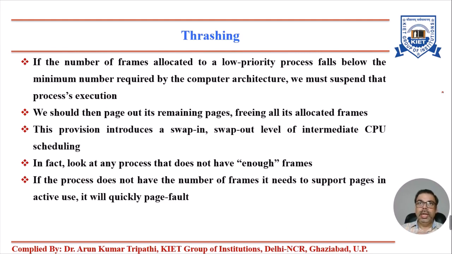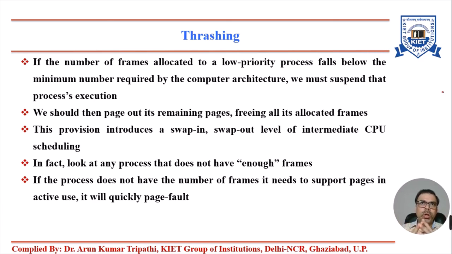Thrashing. As we know, if we increase the number of programs in the main memory, the utilization of the CPU increases continuously. But there comes a stage, as we keep increasing the degree of multi-programming, after which the CPU performance decreases.